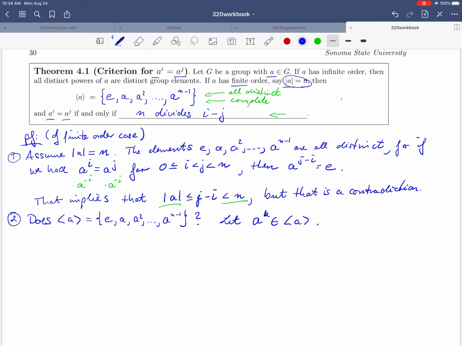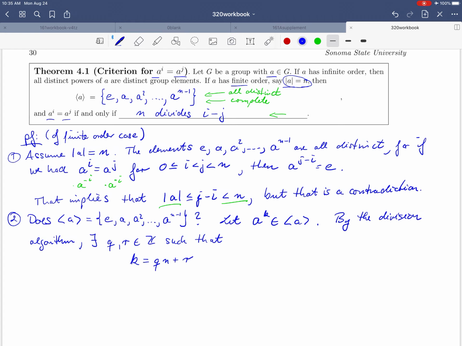Now comes the part why we looked at the division algorithm a few modules ago, or at the beginning of the course. So if A to the k is an element of my cyclic group, then by the division algorithm, there exists a q and an r in Z such that we can write this k as q times n plus r.